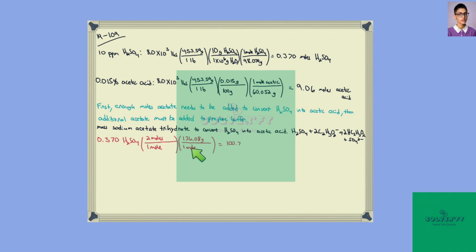I can then convert the moles of acetate into grams sodium acetate trihydrate by using the molar mass of sodium acetate trihydrate. And I get 100.7 grams of sodium acetate trihydrate. Now what that did is it would convert all of this into acetic acid, but I still haven't made my buffer.